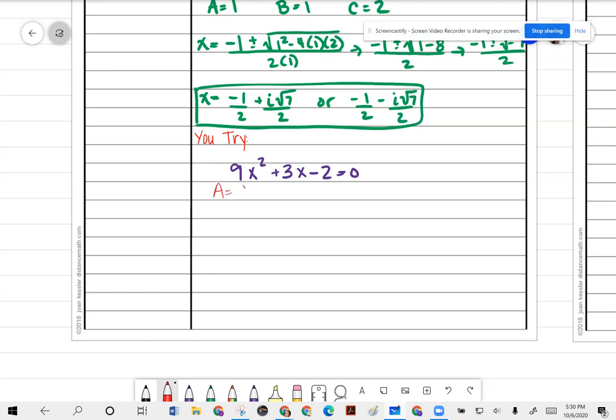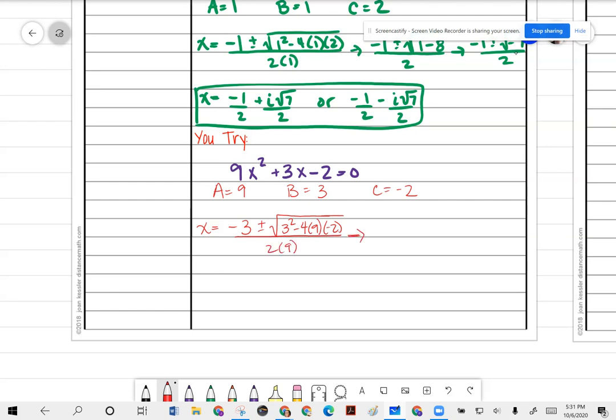So in this case, we have A is equal to 9, B is equal to 3, and C is equal to negative 2. So according to the quadratic formula, x is equal to negative b plus or minus the square root of b squared minus 4ac all over 2a.